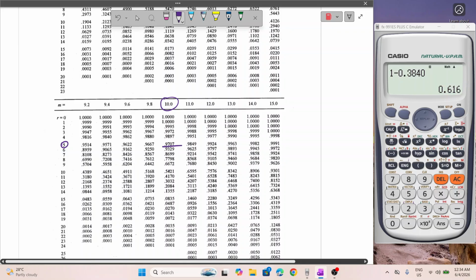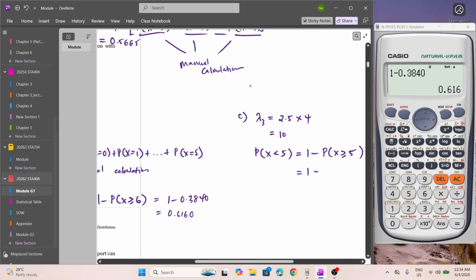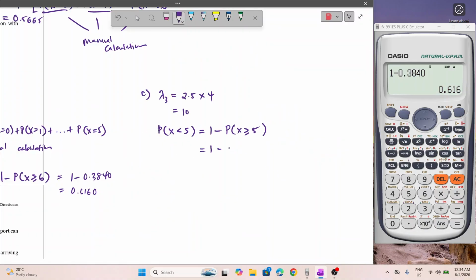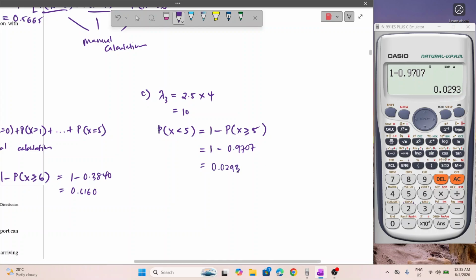So the value is 0.9707. Go back to our module and this is equal to 0.9707. So 1 minus 0.9707 equal to 0.0293.